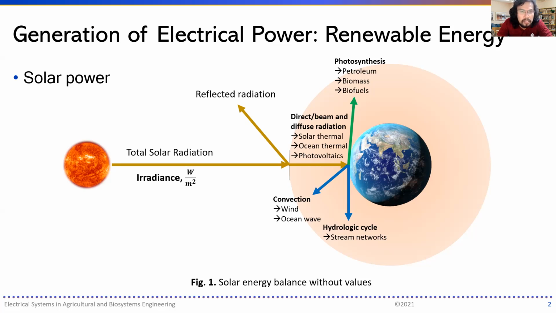This cycle is incomplete, but the diagram is shown to reflect the overall influence of the sun to the different energy sources used to generate power.